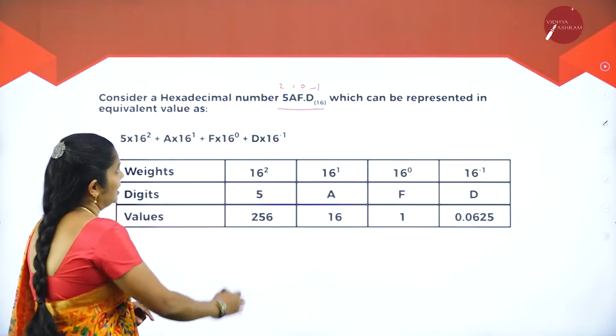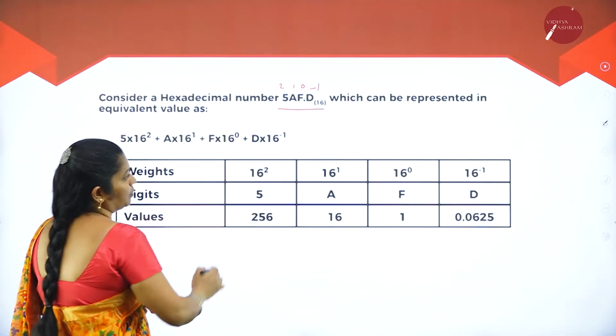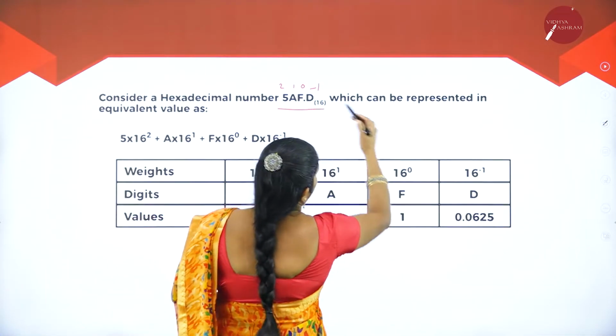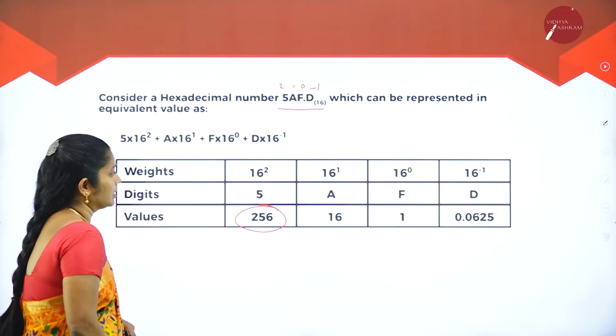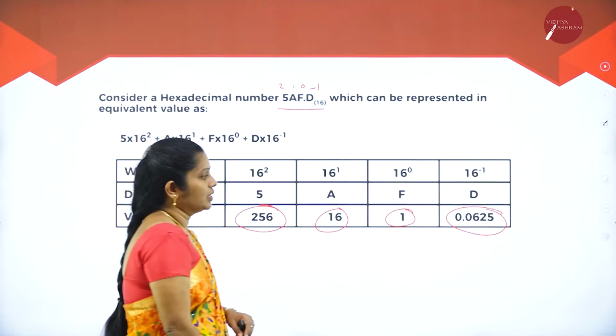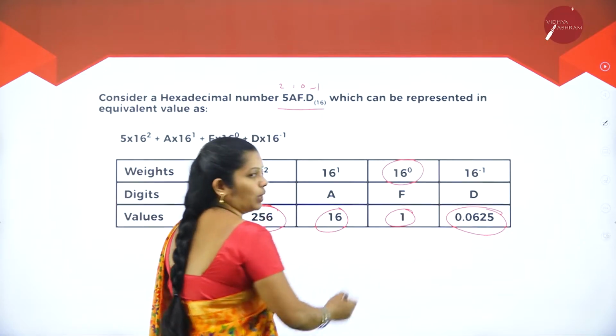For F, 16 to the power of 0, for A, 16 to the power of 1, for 5, 16 to the power of 2, after the point 16 to the power of minus 1. Their equivalent values are 256, 16, 1, and 0.0625. 16 to the power 0 is always 1 only.